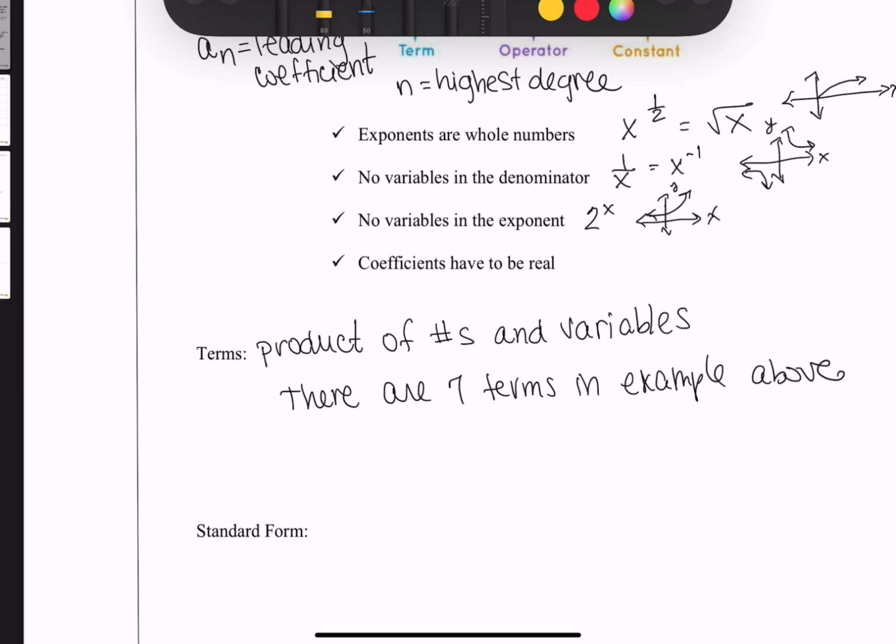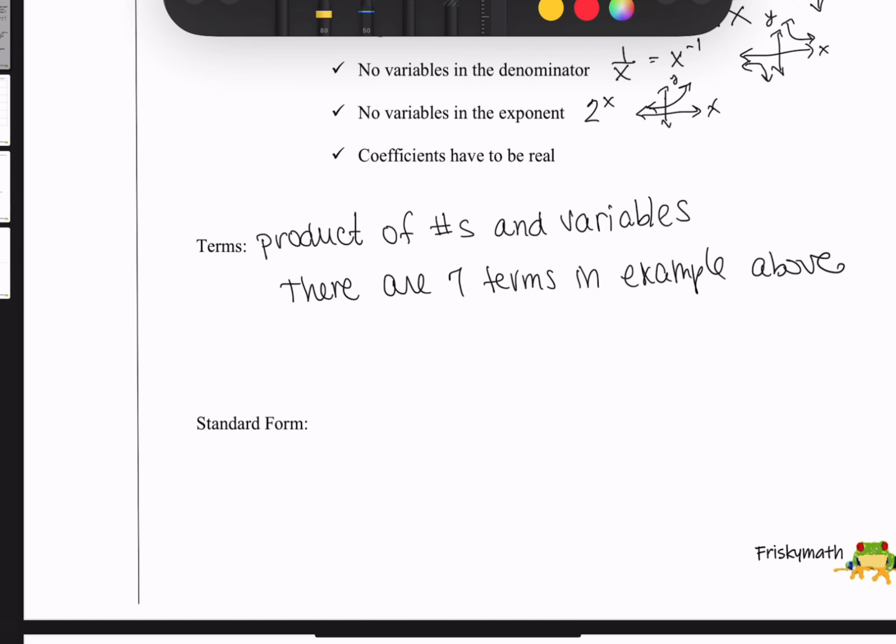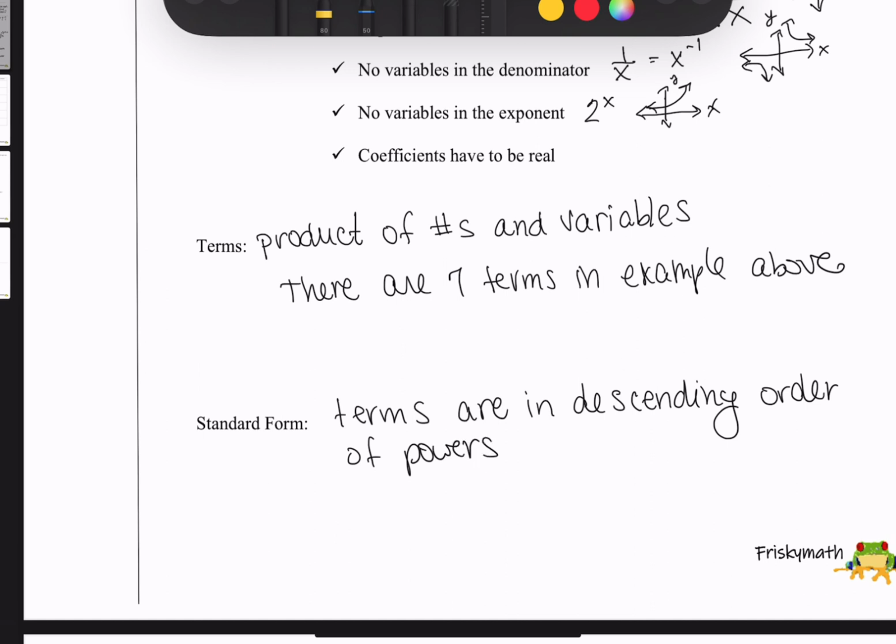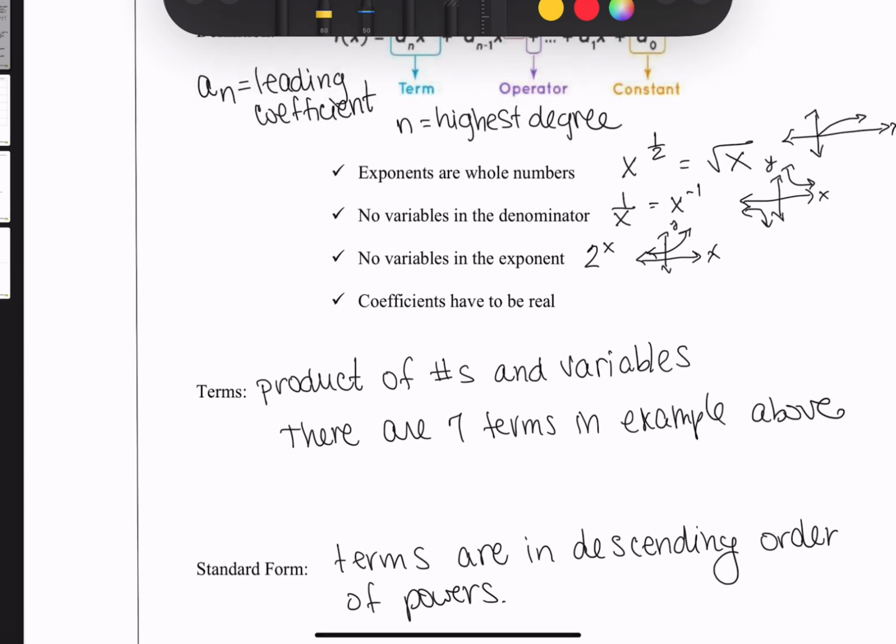All right, standard form. Hopefully you are super familiar with standard form. This just means that the terms are in descending order of powers. When you're working with polynomial functions, just like when you were working with lines and quadratics, you want to put them in standard form for many reasons.